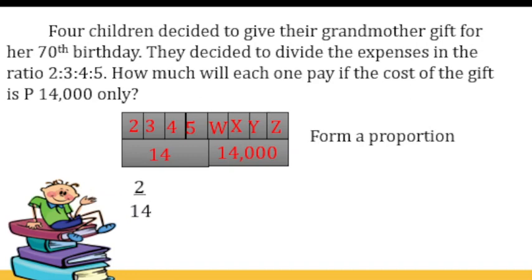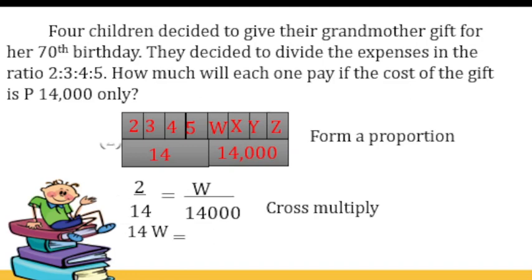Okay, so the first ratio is 2 over 14, and the second one is W over 14,000, and then cross multiply. So you have 14W is equal to 2 times 14,000, which is 28,000. Now divide 28,000 by 14.